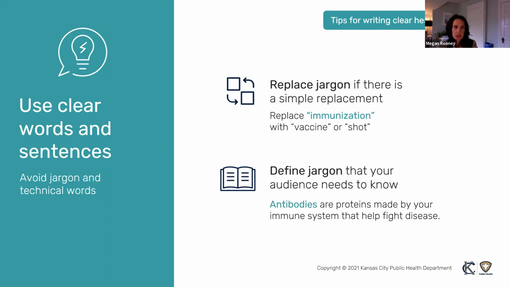And so for this, if they might come across antibodies in their reading or in the material that you're giving them, you might want to provide them with the definition: proteins made by your immune system to help fight disease. We would probably go further there. You define immune system, explain how it works. That can get really complicated. So again, it's a question of, do they really need to know antibodies or not?